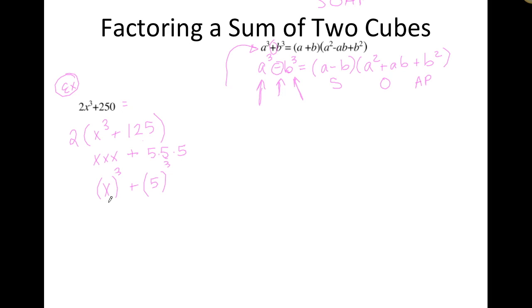Notice x would be my a and b would be my 5. So I am simply going to use the formula.